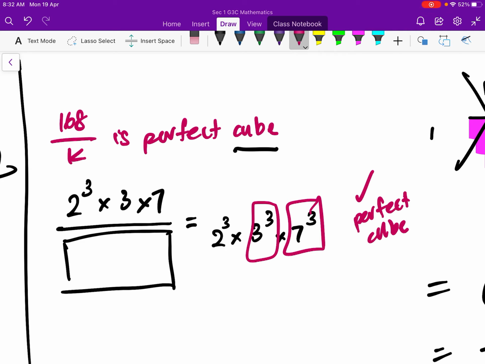Cannot be divided? What cannot be divided? Do you truly believe that 3 power 3 is impossible now? Or you're not sure? Not sure? Okay.